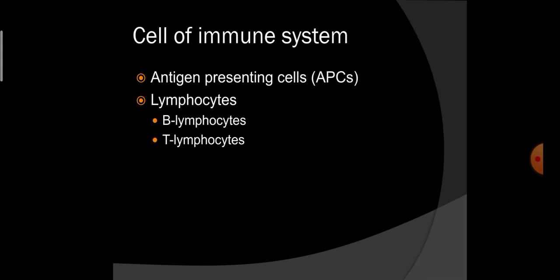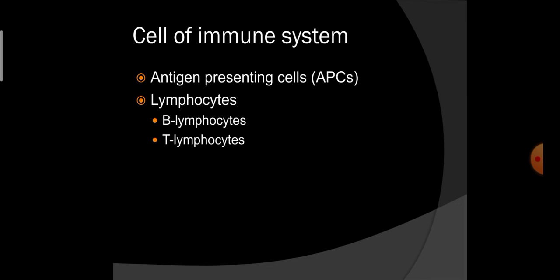So the cells of the immune system: there are basically two types of cells present in the body which act as cells of the immune system. One is antigen presenting cells, or APCs. These are non-phagocytic.